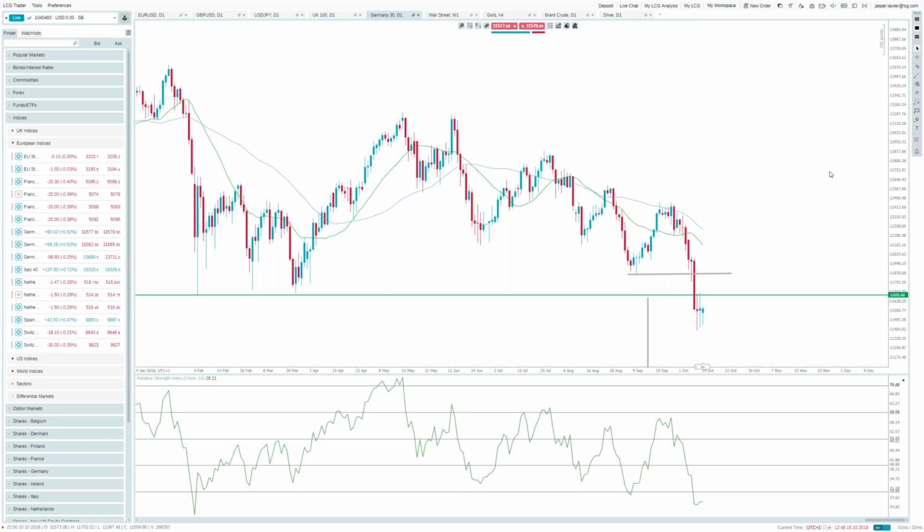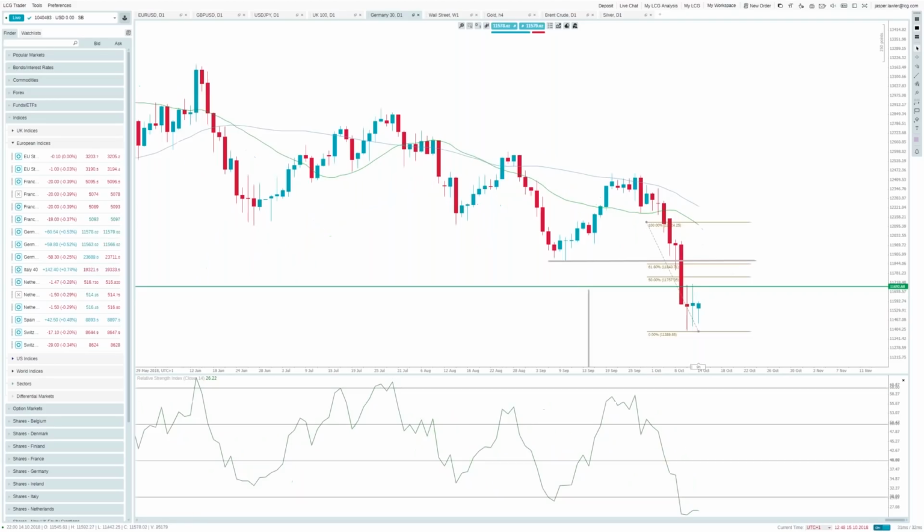Be one thing to do. We can see the 50% level comes not too much above this trend line, and the 61.8 comes just beneath that low there. So we probably want the reversal to take place in this area. If we get up through here, the market's looking quite strong. Maybe everyone's buying the dip.